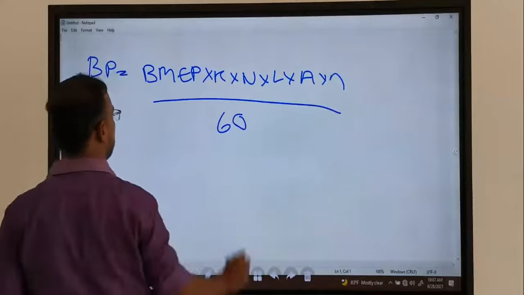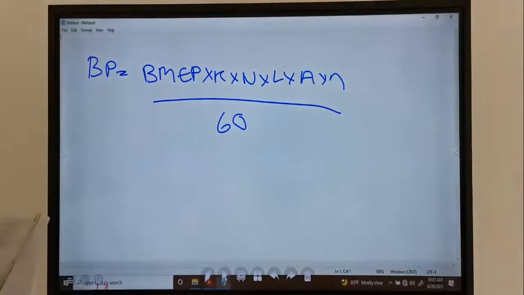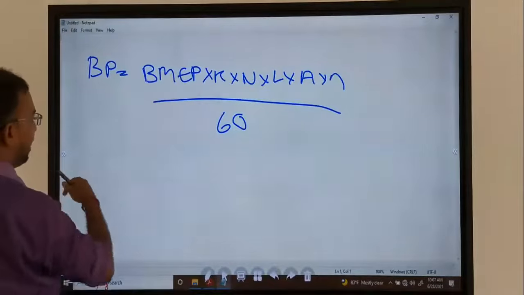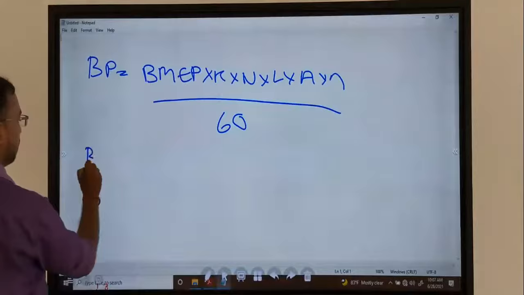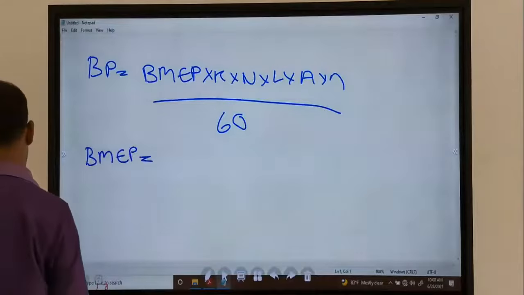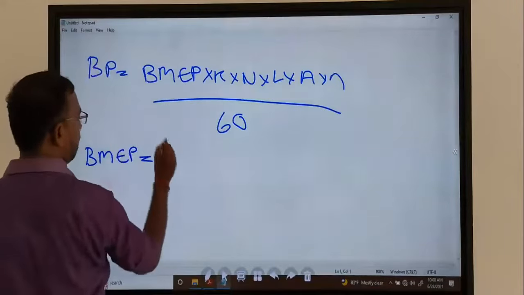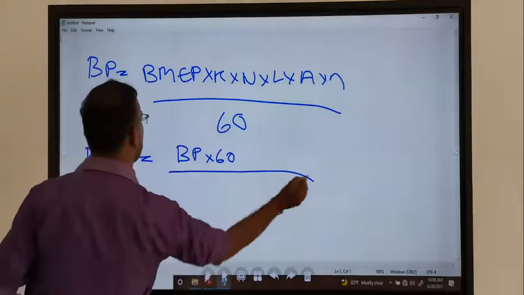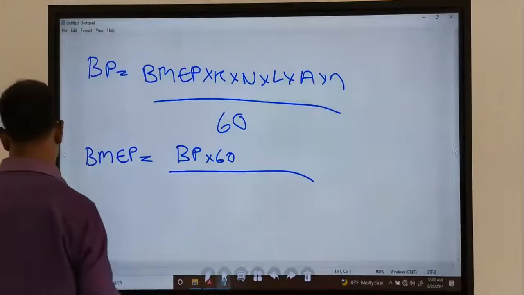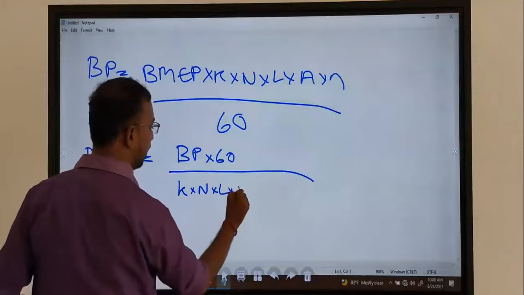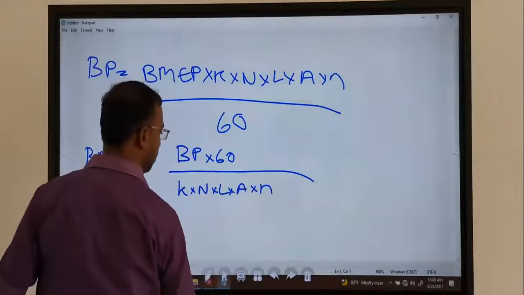Here we take the brake mean effective pressure on one side. So BMEP equals BP times 60 over K times L times A times N.